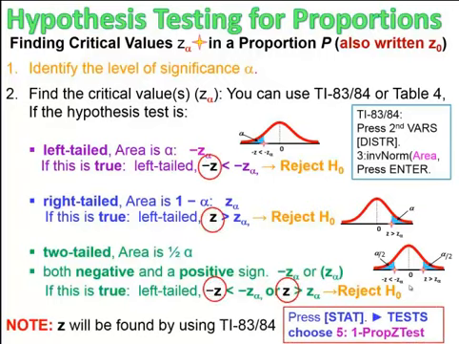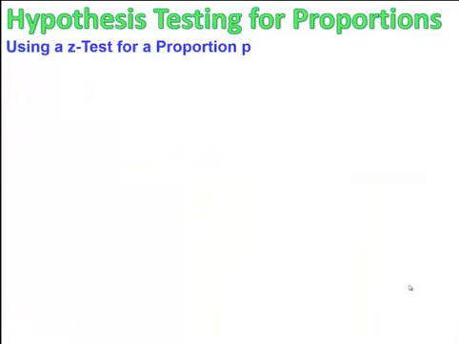So again, a key note is the test statistic will be found by using your calculator. The critical value is found by finding the z value for alpha, and it's based on alpha. The test statistic is based on the formula for the test statistic. Using the z-test for proportion p, you're always going to identify your hypothesis statement no matter what testing process we're using.